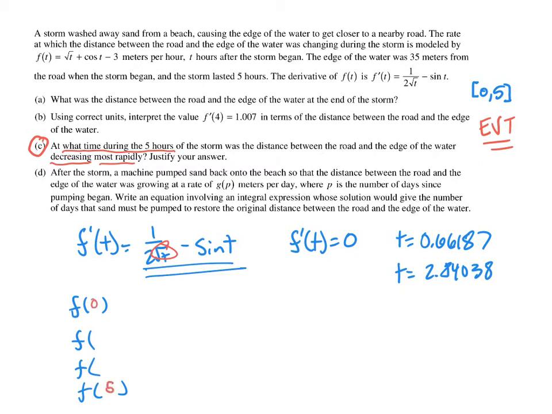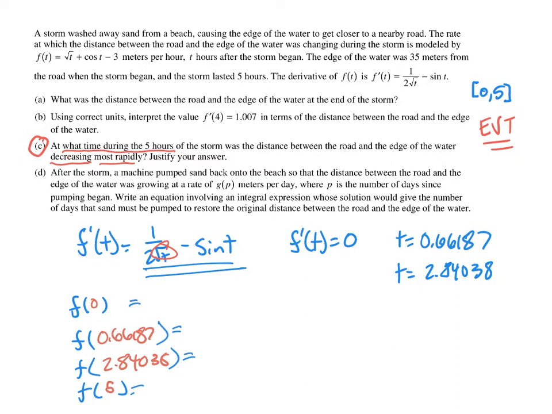We have to get these four function values, excuse me. That's how you find the absolute extremes on a closed interval. You find the critical points and the end points, and you compute the y values. In our case, the lowest one, the most negative, is going to be the one that we want.